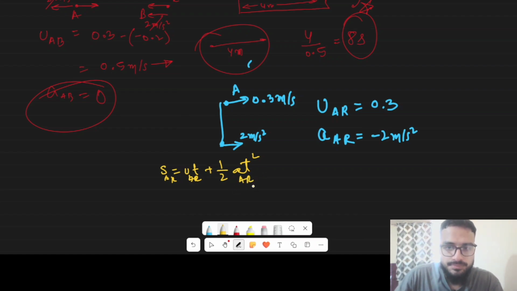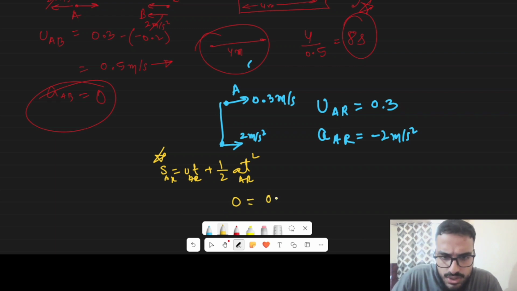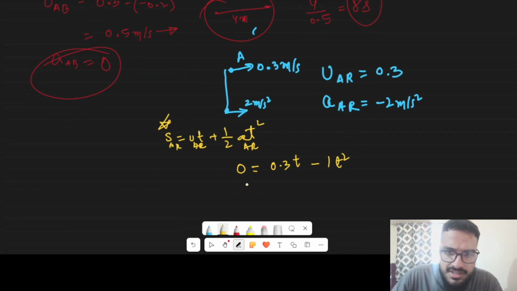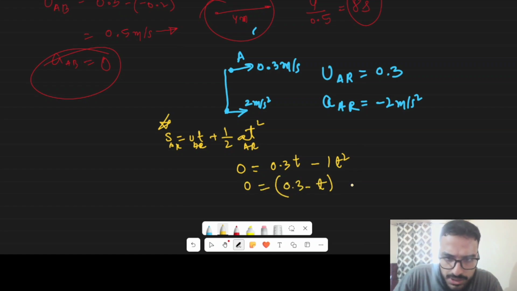And this is the position of A with respect to R. So we want this position to be 0. That should be initial velocity 0.3 multiplied with t, minus 1 by 2 into 2, which is minus 1, t square. That will give us 0 = (0.3 − t) t.